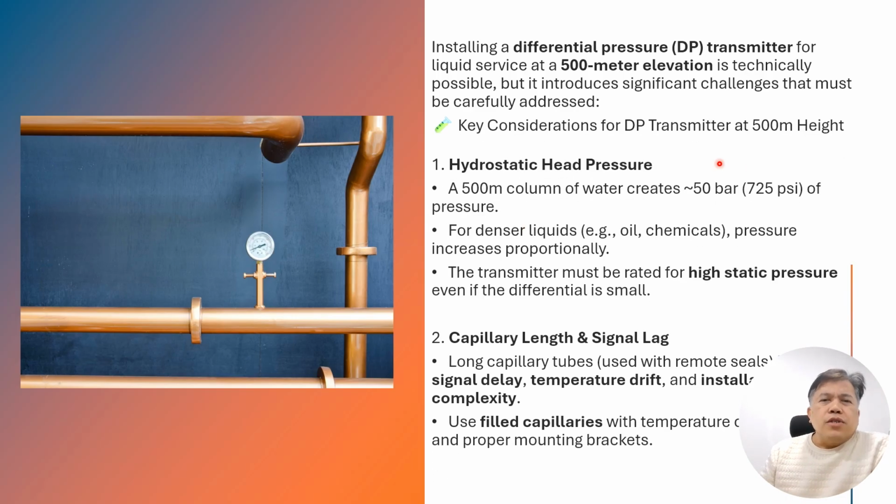Okay, so considerations for a differential transmitter, for example, at 500-meter height. So 500 meters creates a 550 bar. And for denser liquids, oil or chemical, the pressure increases proportionally. The transmitter must be rated for high static pressure, even if the differential is small. So capillary length.